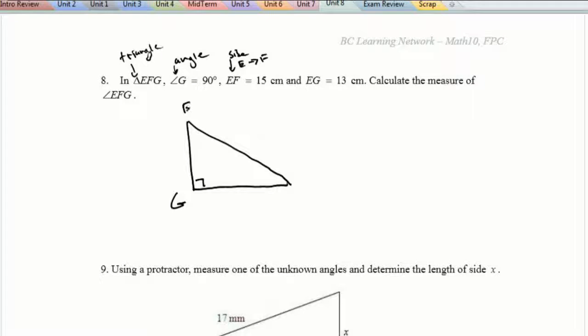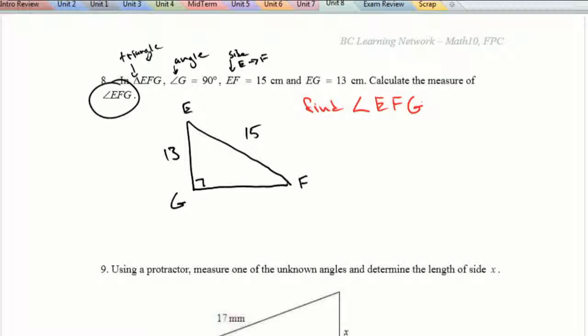Let's go E and F. E to F is 15, and E to G is 13. The question's asking us to find angle EFG.